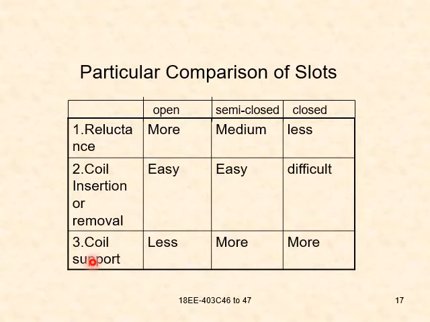Since it is open, the coil support will be very less in open type, more in semi-closed, and more in closed type.